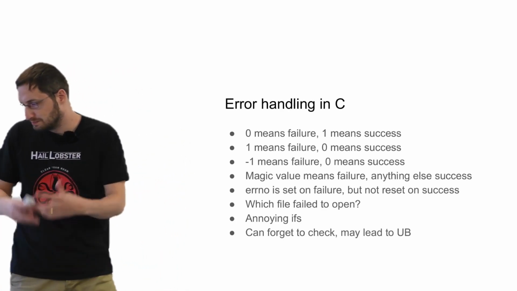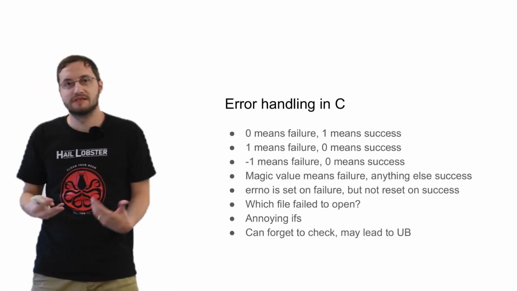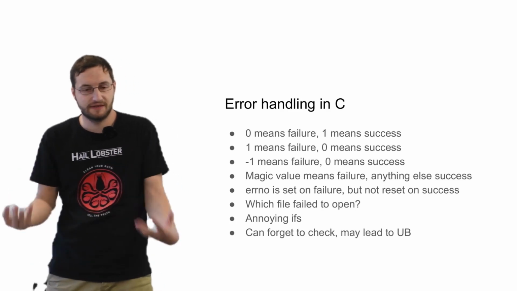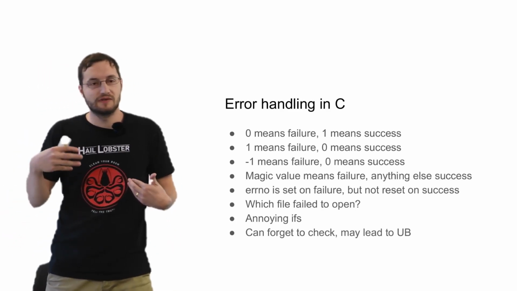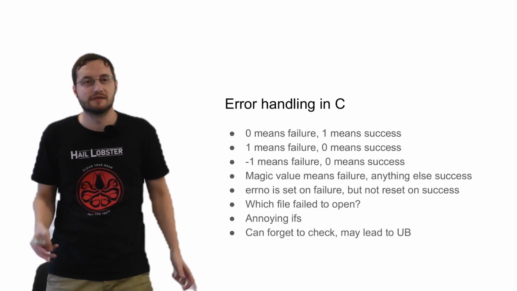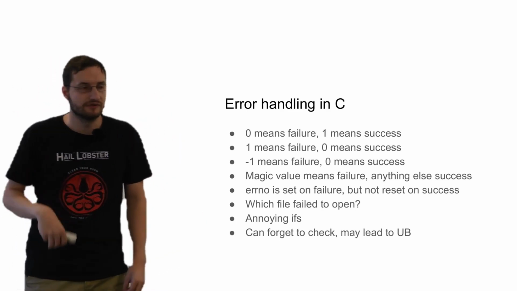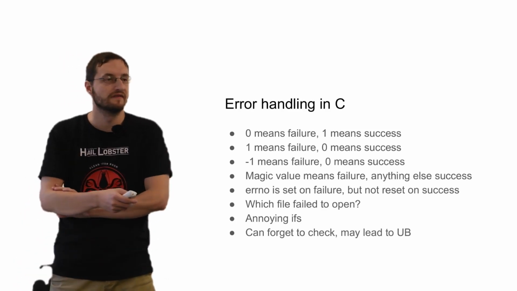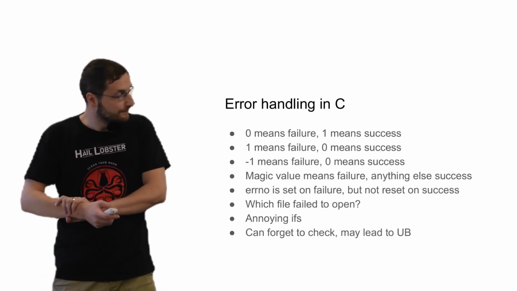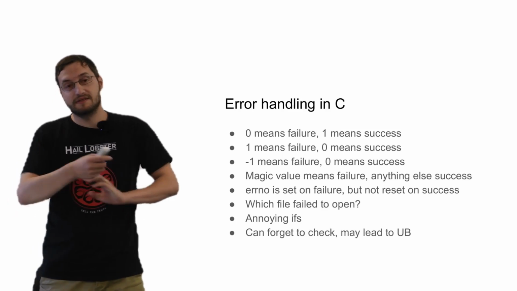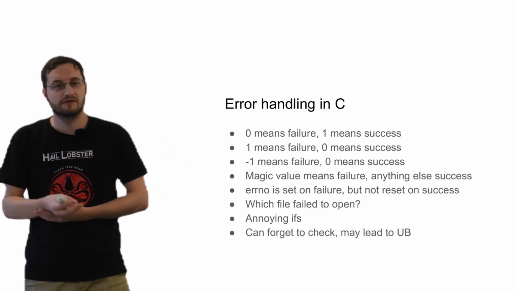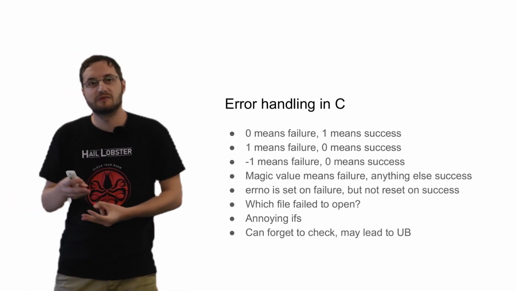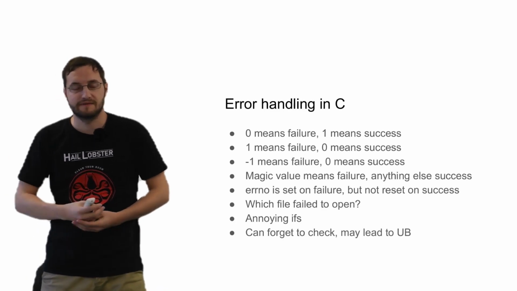So that's the first problem, this big chaos. And there is also errno, which is a separate global variable. It's actually thread local these days, but it was a global one when it started. This variable is set to the error code, like what exactly failed.